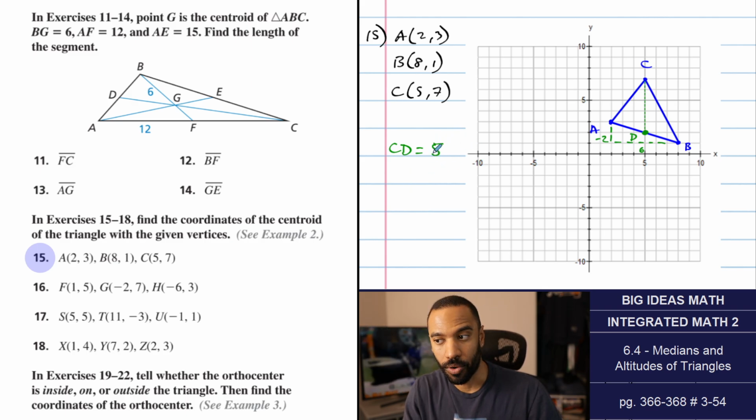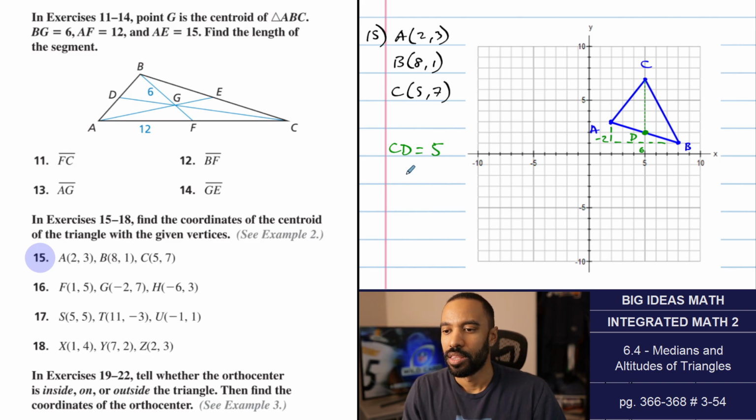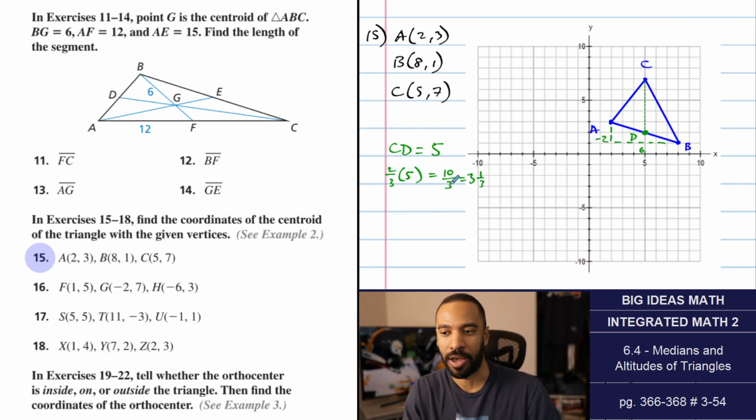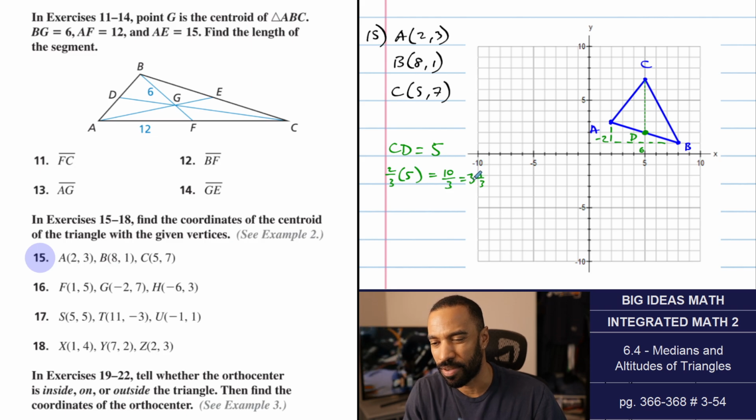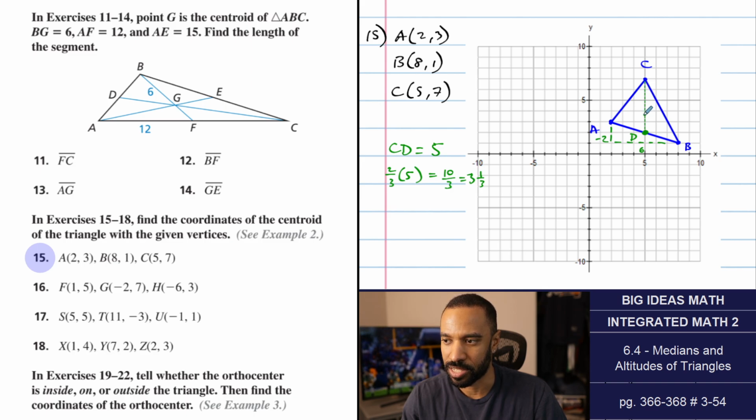Well, is the centroid a specific point they say? No. The centroid point will be 2/3 of that distance. 2/3 of 5 is 10/3. Now, this is kind of a little weird, right? 3 and 1/3. That's a little bit weirder to talk about mathematically. And I'm giving this value so we can actually work that out. If I go 3 1/3 down, 1, 2, 3 and 1/3, I get this centroid right here.